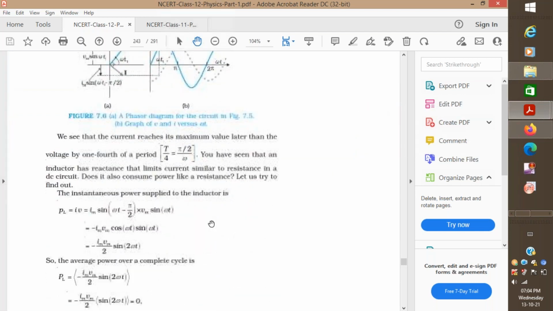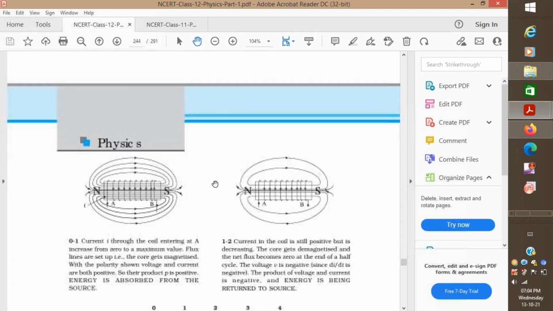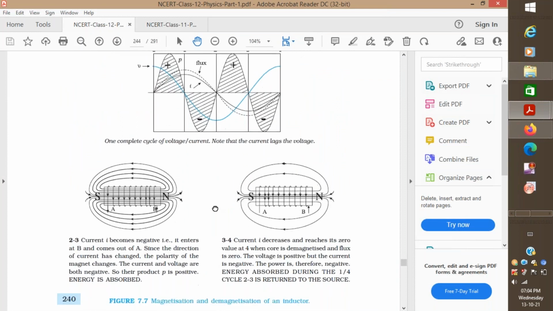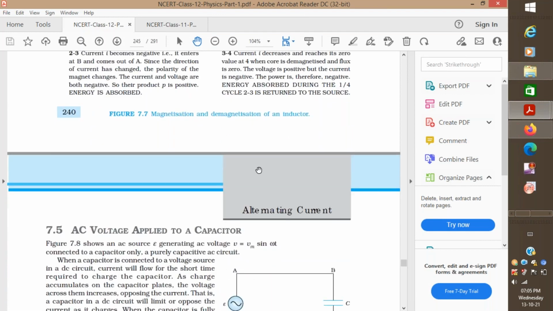If you read this today, then you will get a better understanding. Don't forget after listening to the class. Go back and read so that you can learn it properly. Obviously, we'll take up a few questions, and one class will be taken up for numerical problems at the end of this chapter. That time I'll understand how much you have understood and how much you are practicing yourself.